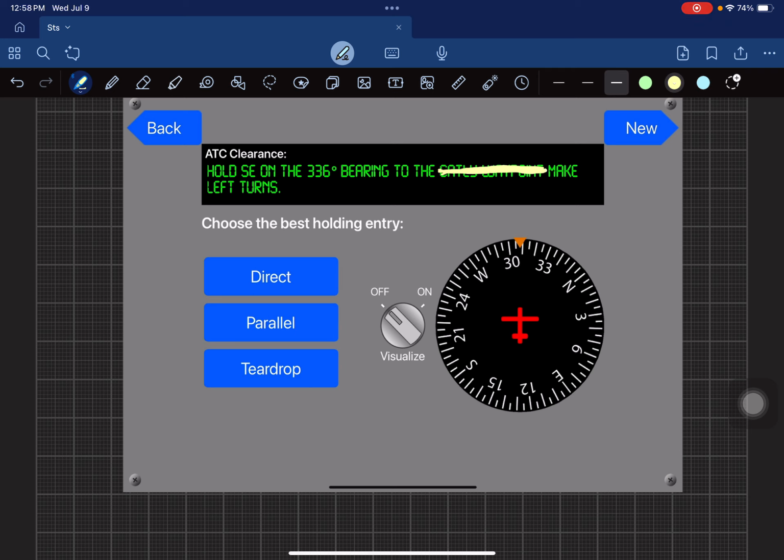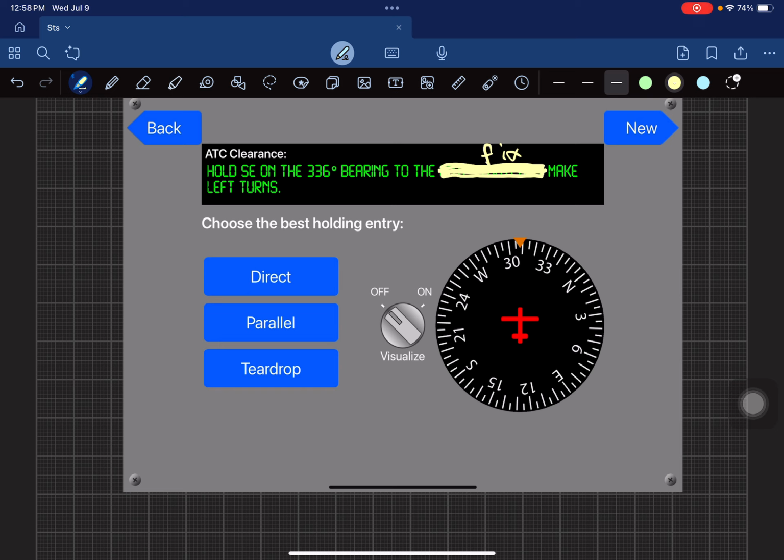Just call it whatever fix is your favorite, whatever fix is your nearest, whatever fix you think you're going to be holding around the day of your check ride. The name of the fix doesn't tell you anything new.